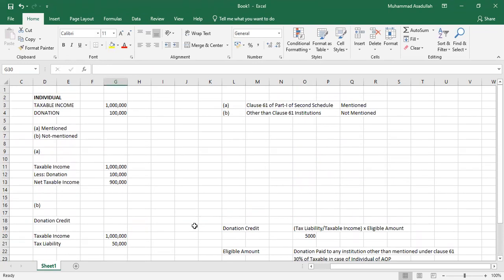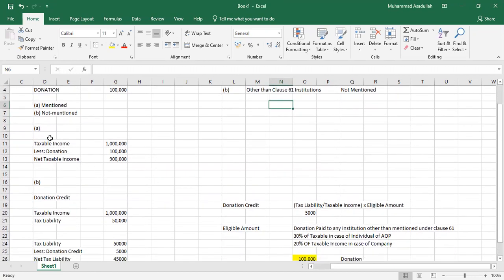Let me repeat once again in a summarized way. We have an individual whose taxable income is 1 million and donation is 1 lakh. We have a part A that is mentioned, meaning the institution name has been included under clause 61 of part 1 of the second schedule, and part B is not mentioned, meaning the institution where you donated your money is not under clause 61 institutions.